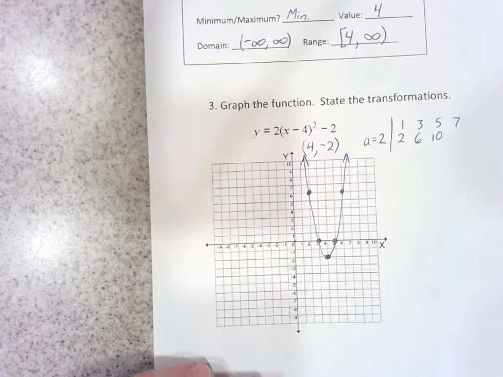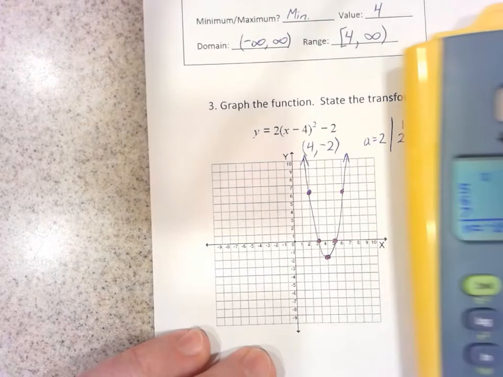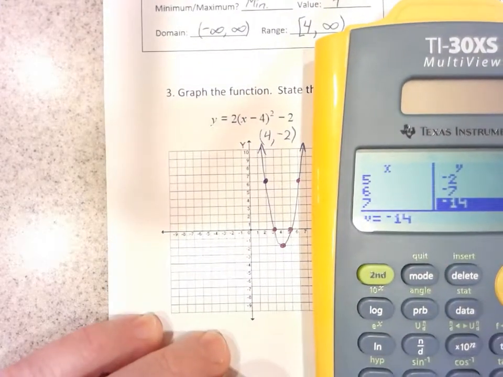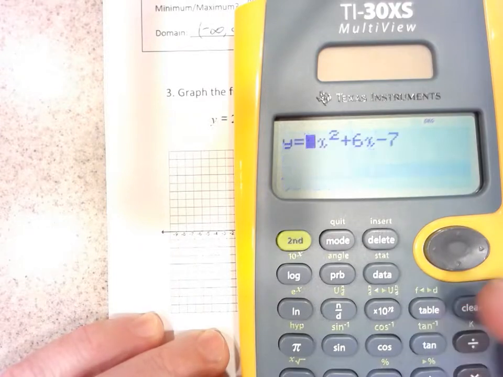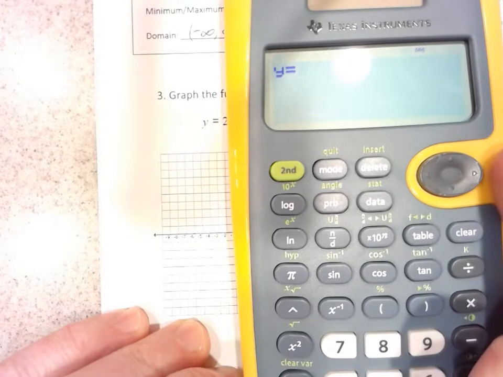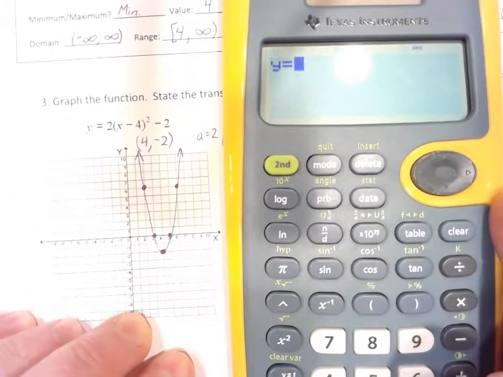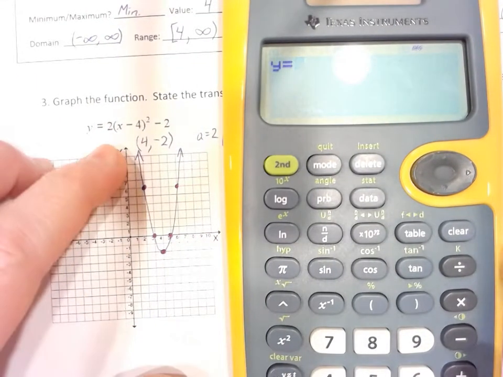Just to confirm my points, I can go to the calculator and go to table. I'm going to clear that equation and enter in the equation that I'm given.